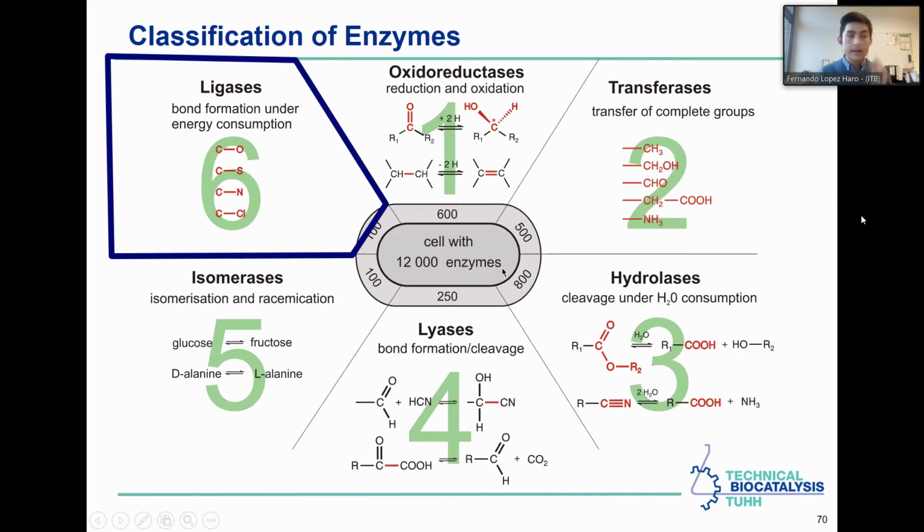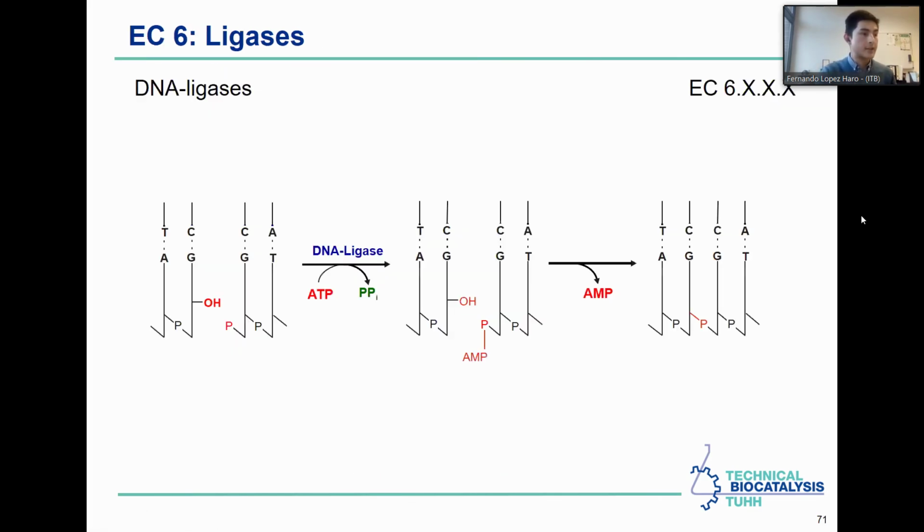And right in the nick of time, we will cover ligases. Ligases are very similar to lyases, precisely. The names are a bit of a problem there because they are very similar. But ligases, the difference is that they operate under energy consumption. They require ATP for catalyzing their reaction.